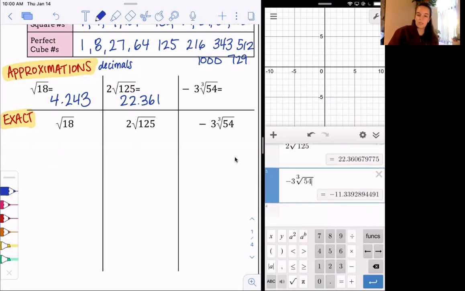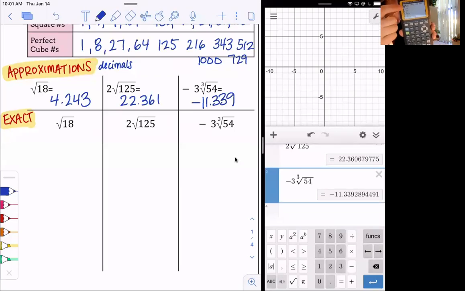Is there a cube root on the calculator? Yes, there is a cube root on the calculator. If you're using a fancy school calculator, any kind of TI, you press the on button and then you use the math button, which is right here.